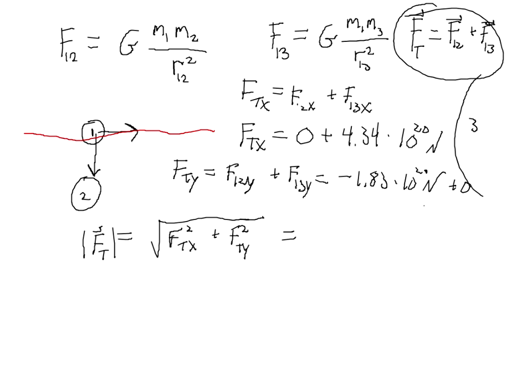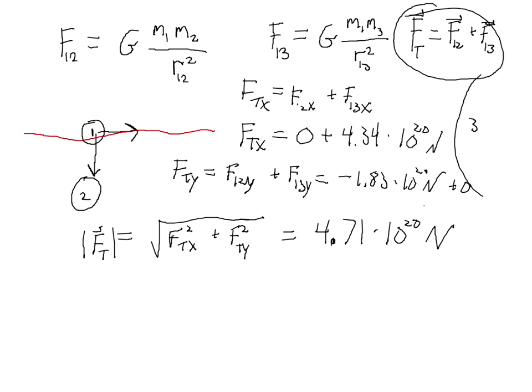I'll take the square root of that, getting us 4.7 times 10 to the 20 newtons. That is the magnitude of the total gravitational force on the moon due to the Earth and the Sun, if the moon were in the position that I've drawn it here.